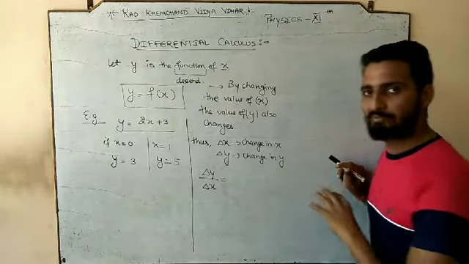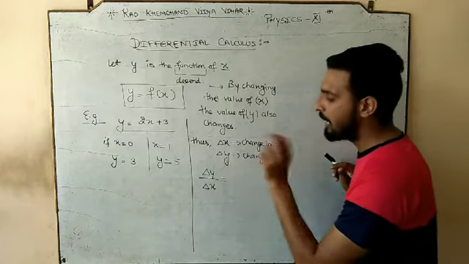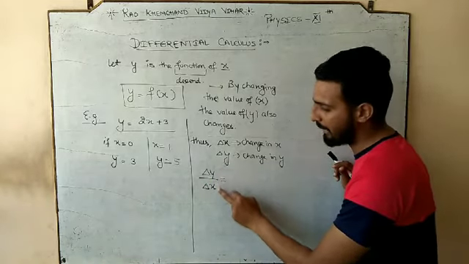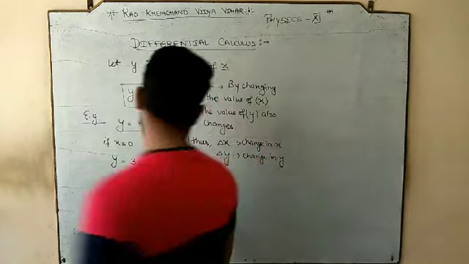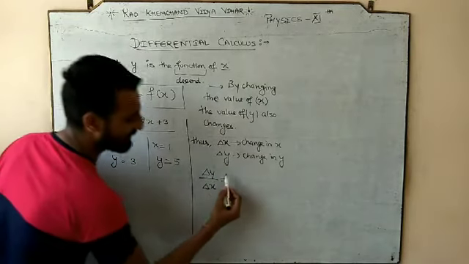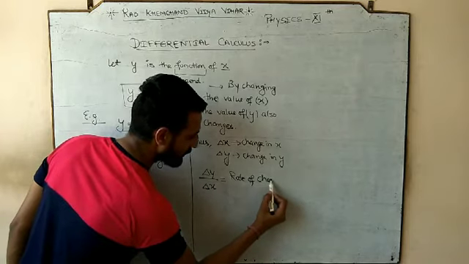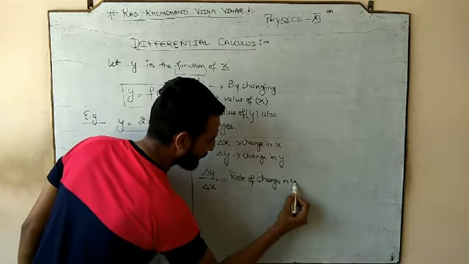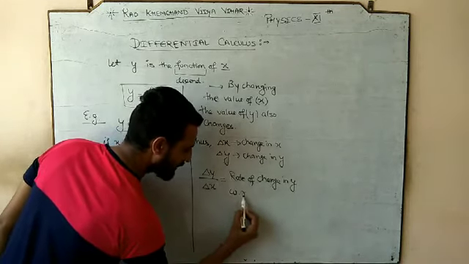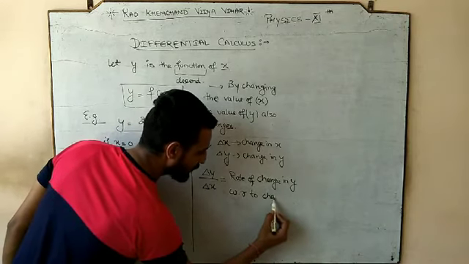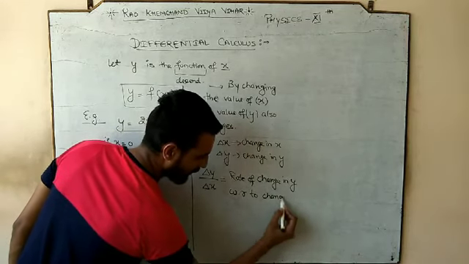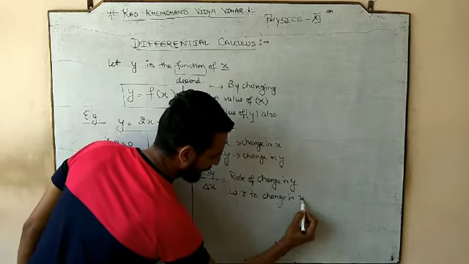So here I am going to find out the ratio of how much there is a change in the y with respect to change in the x. So we call this ratio a rate of change in y with respect to change in x.